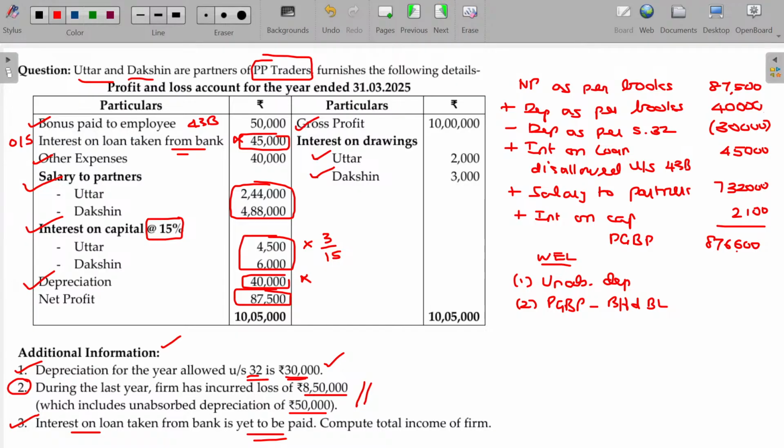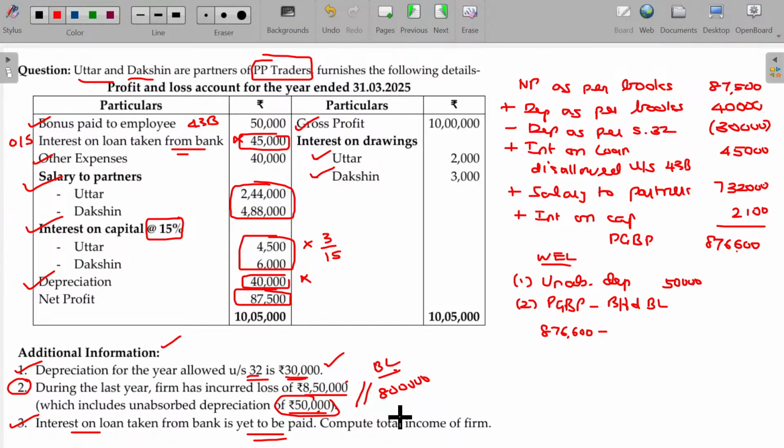Unabsorbed depreciation being 50,000 rupees, and for that the PGBP being 8,76,600 minus brought forward business loss being 8.5 lakhs. From that 50 is subtracted, so 8 lakhs is the brought forward business loss.